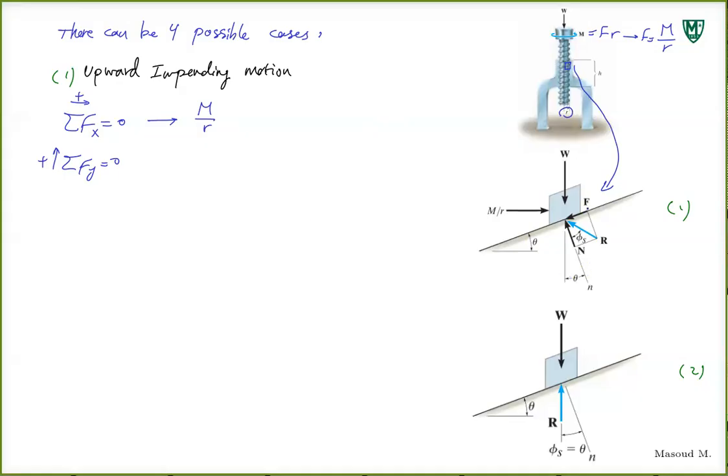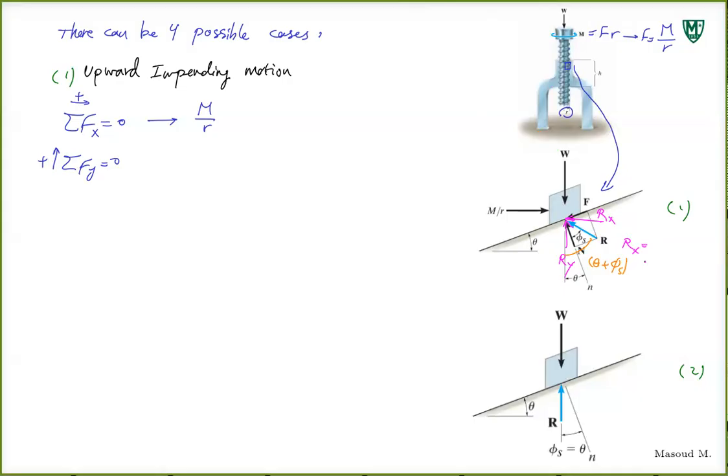And instead of writing the components for F and N separately, I'm going to write the components for R, which is the resultant vector for F and N, and I'm going to decompose it into x and y components. So here is what I'll do. I say this is R, this is Rx, this is Ry. Now Rx is, if you pay attention, this angle here is theta plus phi s.